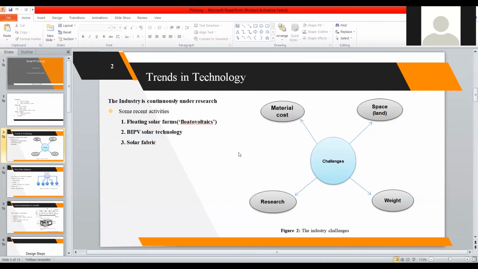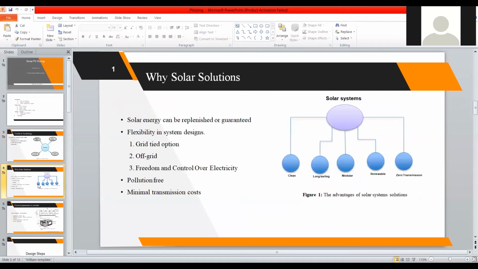But a lot of researchers have been working on these, and we see people now coming up with things like floating solar farms to solve these challenges. Then we also have things like BIPV, which stands for building integrated photovoltaic systems. And then you also have solar fabric coming along. So these are some of the trends going on in the industry. Then, why solar?